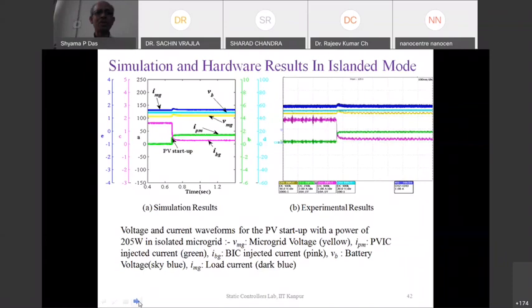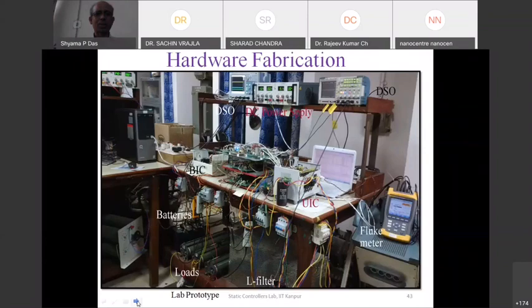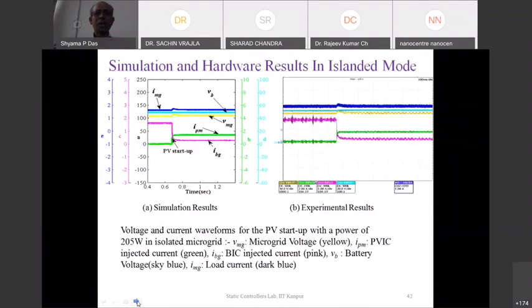When the PV starts up, the burden on the battery reduces. So the utility is gone, so basically the load is shared by the PV and by the battery, and the DC voltage is a stable voltage in the islanded mode. So islanded mode means the AC grid is not present, so the load is basically shared either from the battery or from the photovoltaics. Next slide.